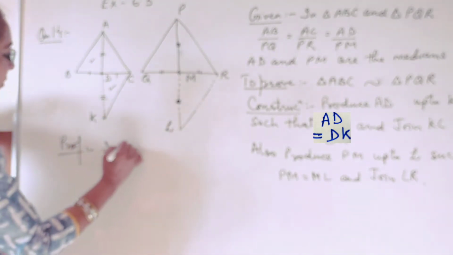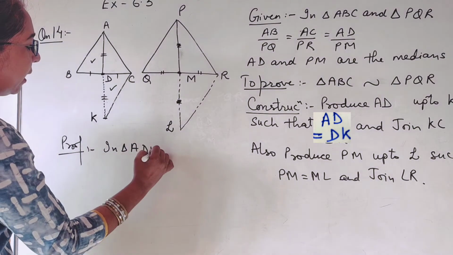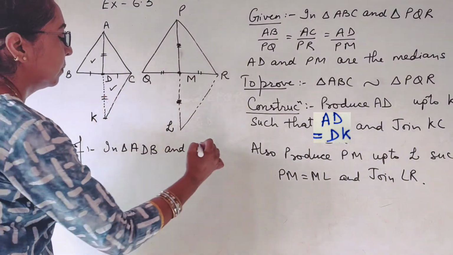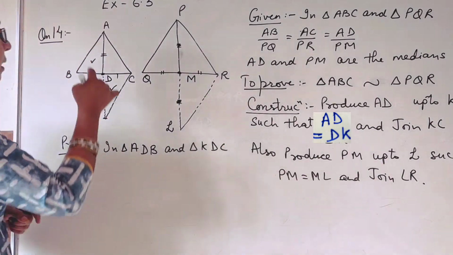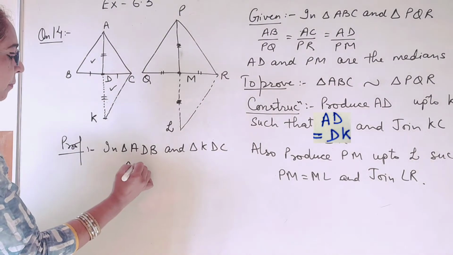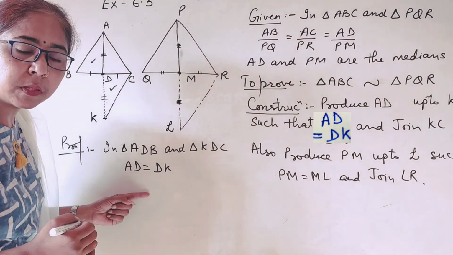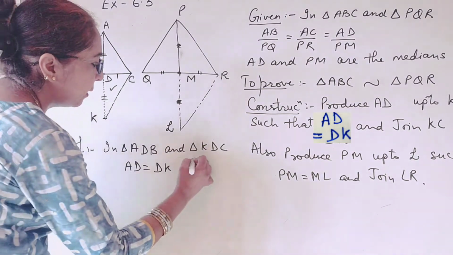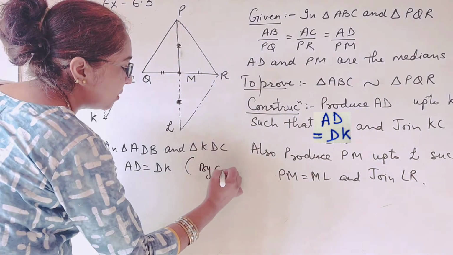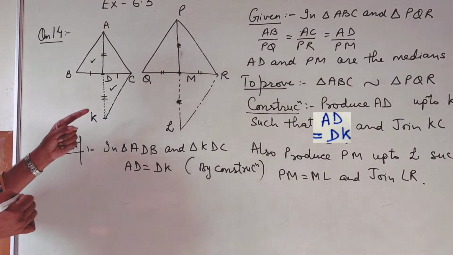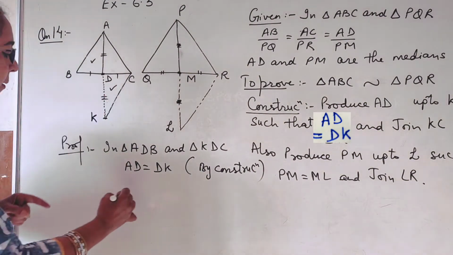See here, in triangle ADB and triangle KDC, AD equal to DK. Tell me from where it comes. AD equal to DK. This is by construction. Next one is BD equal to DC.